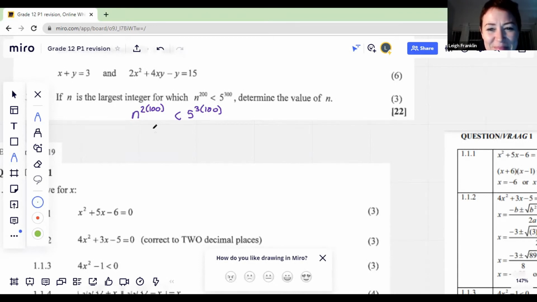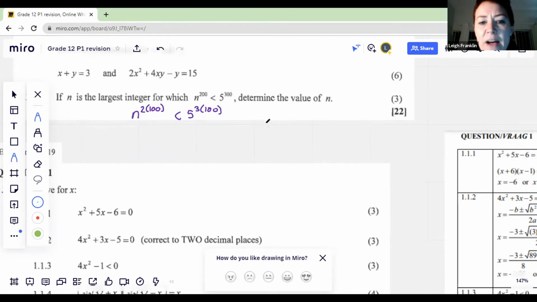I think I'm going to separate it, ma'am. When you say separate it, can you see at this point you have n squared that's been raised to the power of 100, and you've got 5 to the power of 3 that's been raised to the power of 100. So in other words, you've got a base with an exponent, but it's being raised to the same thing.